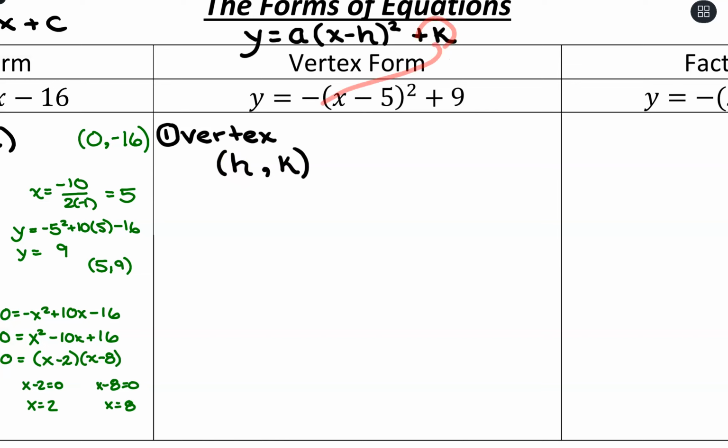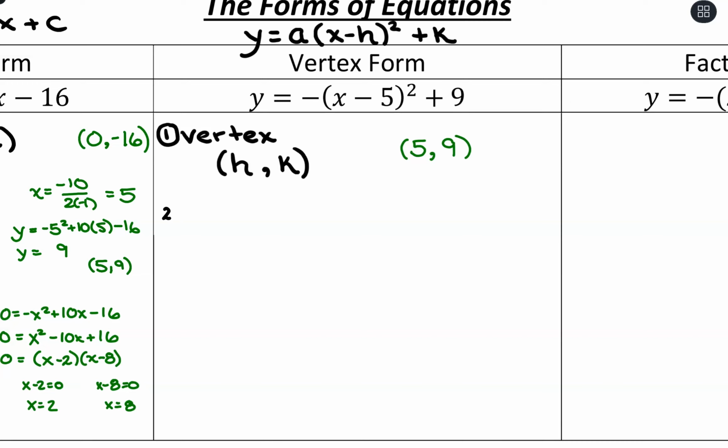The value for k, the y-coordinate, matches exactly. If we have plus k, it's a positive value, minus k, a negative value. For our scenario, I'm seeing x minus 5, which tells me I have a positive 5 for the x-coordinate and a positive 9 for the y-coordinate. And that's it for the vertex. No calculation, it's just grabbing it from the format.